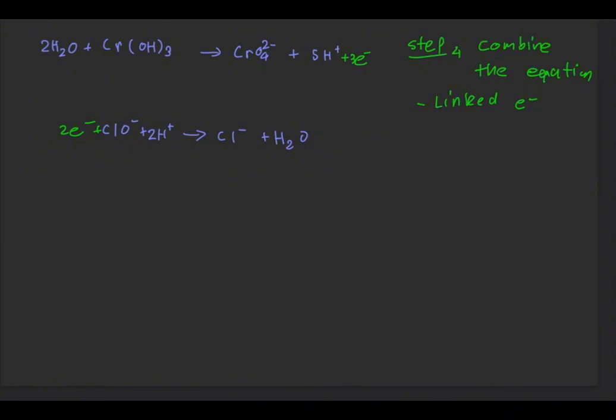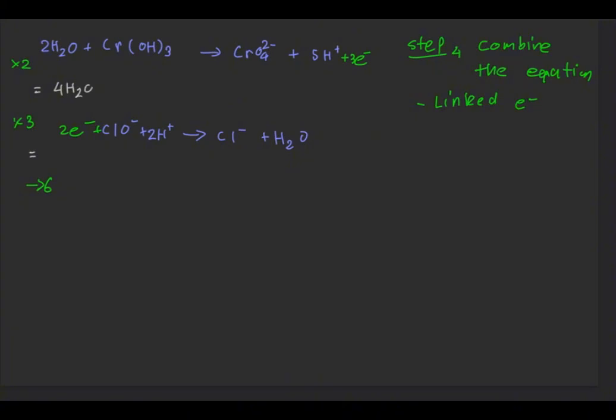We must make the number of electrons in both equations equal. In this case, the top equation has 3 electrons while the bottom one has 2. So we need to find the LCM. And the LCM of 3 and 2 is 6, right? Therefore, we will multiply this equation by 2 and this equation by 3, which gives us the new equations.